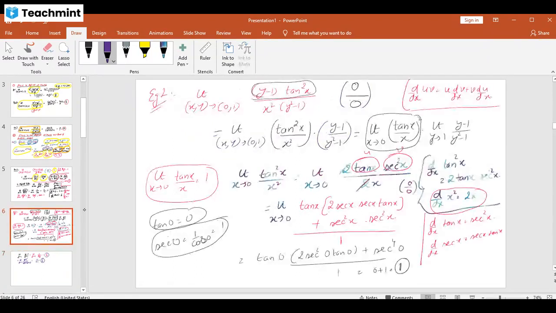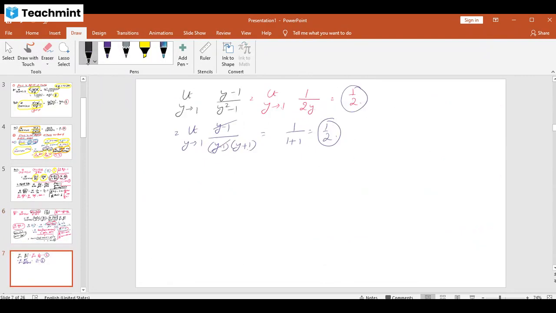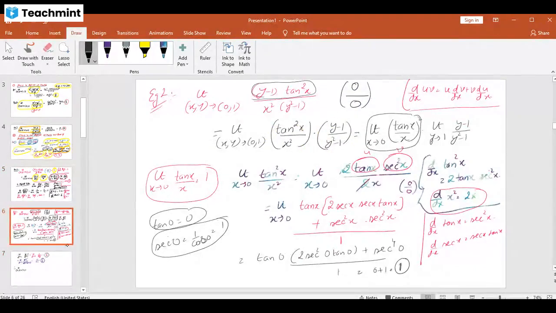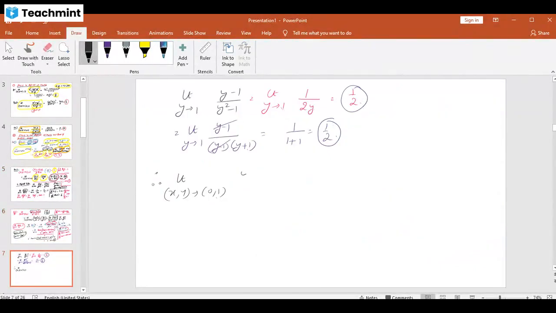So therefore, what is the limit of the given function? Limit x, y approaches to 0, 1 of the function y minus 1 into tan square x upon x square into y square minus 1, which is equal to limit x approaches to 0, tan square x upon x square, into limit y approaches to 1, y minus 1 upon y square minus 1.